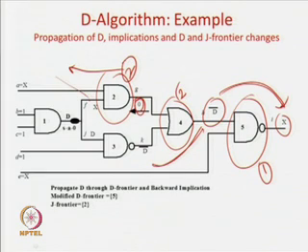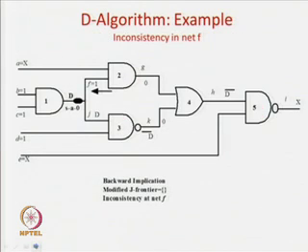So, this is point number 2 that is being done. As well, whenever this 0 has been placed here by backward implication, immediately you know the output is 0 and the inputs are X. So, gate number 2 will become a part of the J frontier. These are the 3 things that happen. Okay, this is the next step in the D algorithm for this propagation, right.